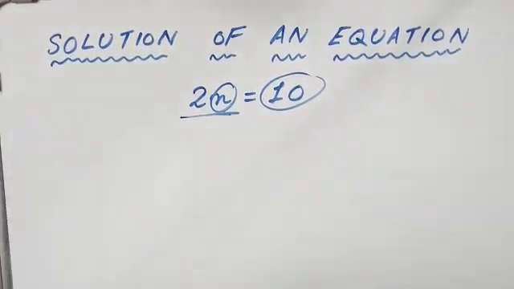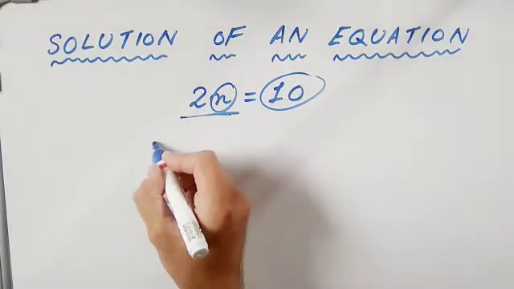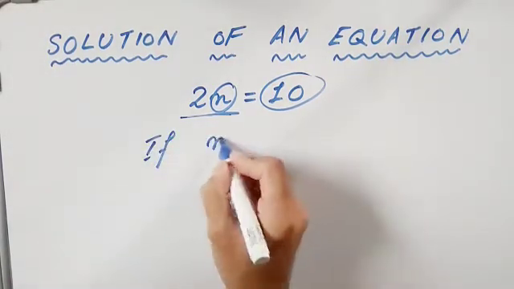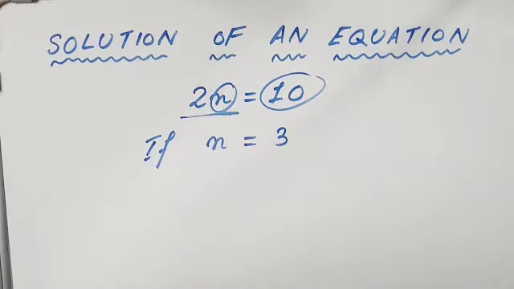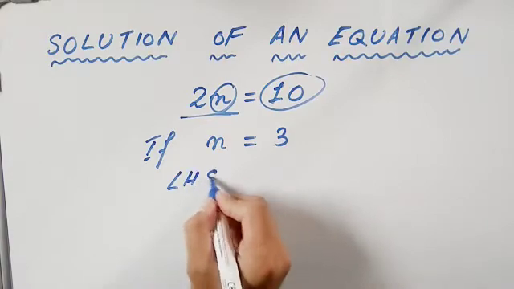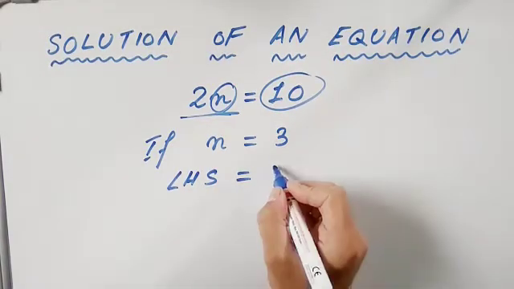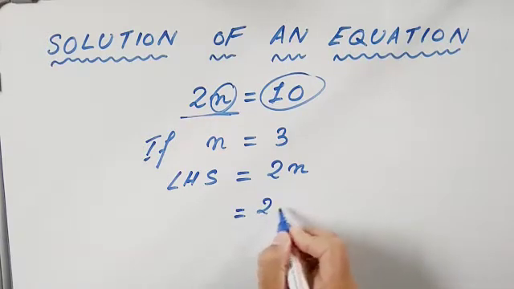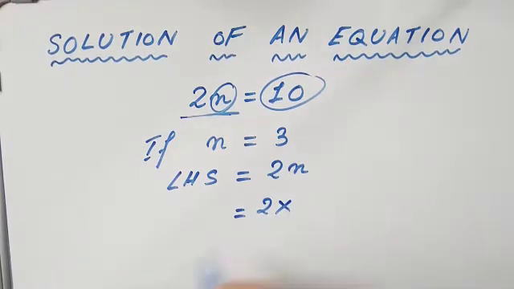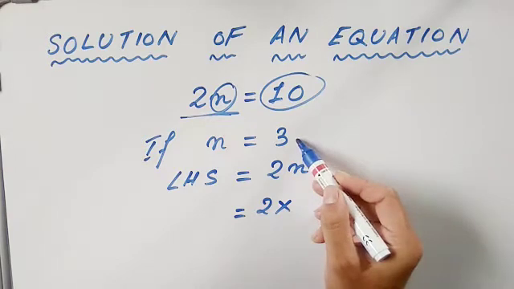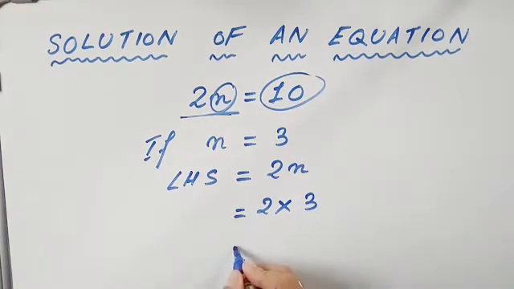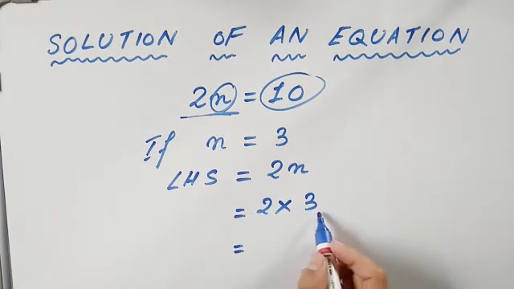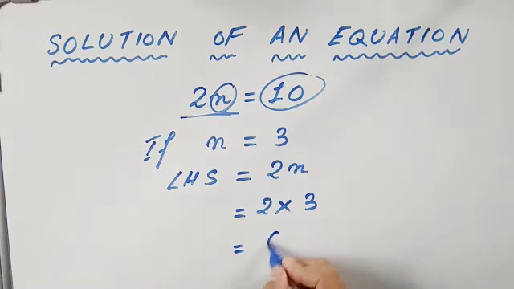So what if the value of n is, let's take 3, n equals 3. Then similarly, let's find the value on the left hand side. The value of the left hand side is given to be 2n. That means 2 into, and the value of n is, yes, 3. So what is the product of 2 and 3? 2 threes are 6.